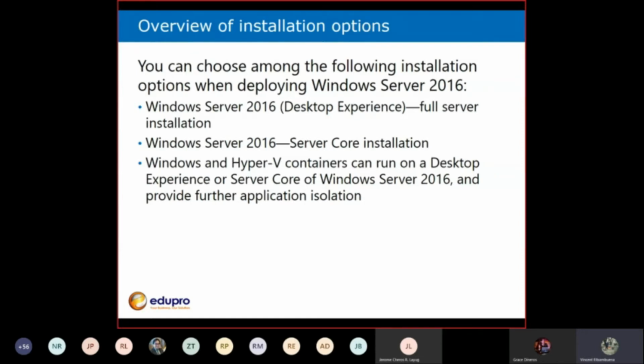Microsoft just changed the terminologies. Then next is Server Core. Server Core is actually the lightweight version of our operating system, which will be covered in my demonstration. Papakita natin yan. And then Windows and Hyper-V containers can run on Desktop Experience or Server Core of Windows Server 2016 and provide further application isolation.